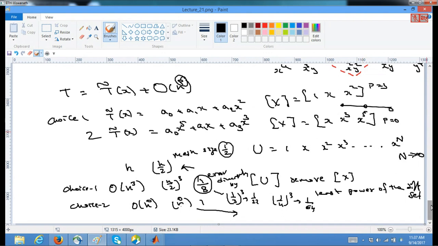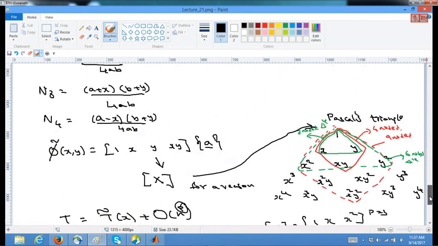So in order to avoid that, we choose the basis through Pascal's triangle. If you choose it in the shown form, it is guaranteed that the lower order powers will be retained in our approximation, and higher order powers will be left out.